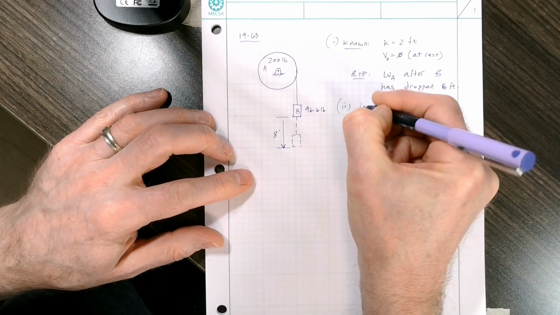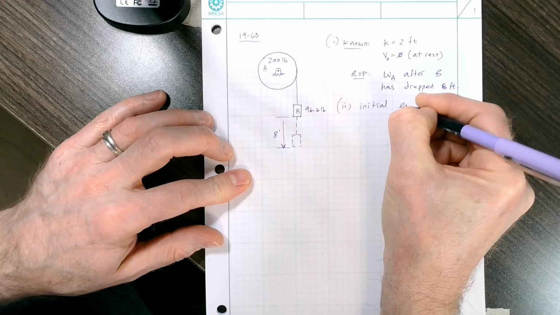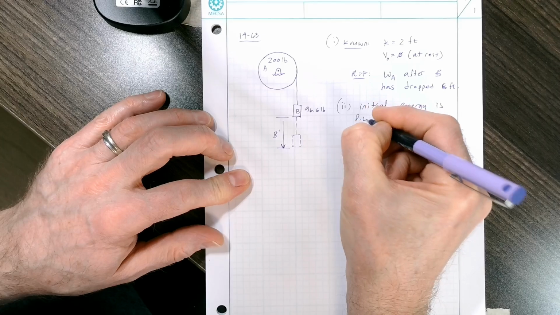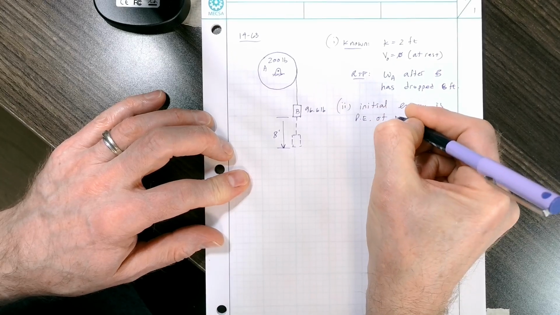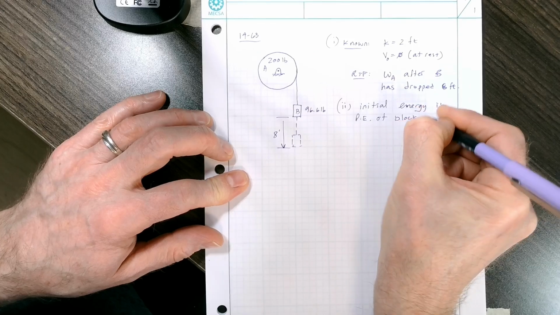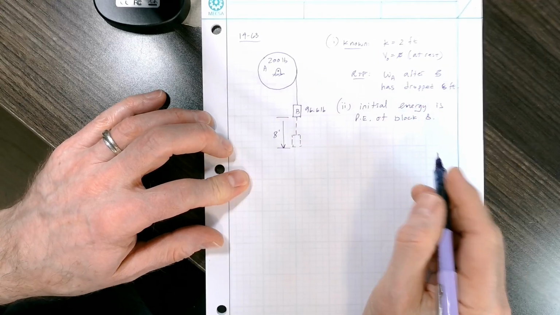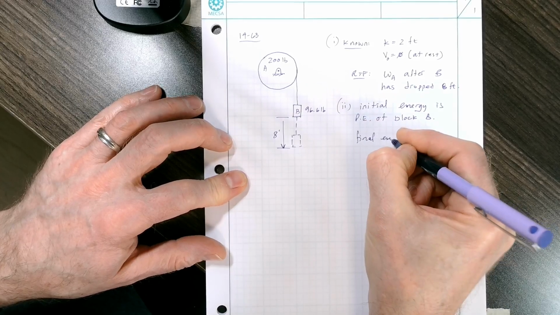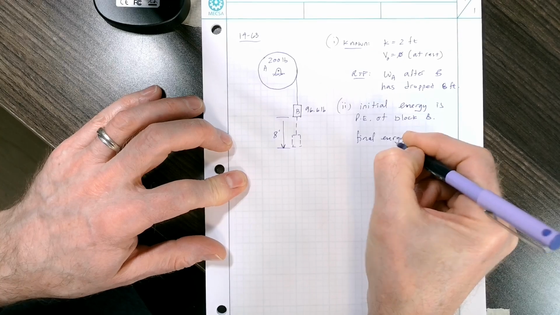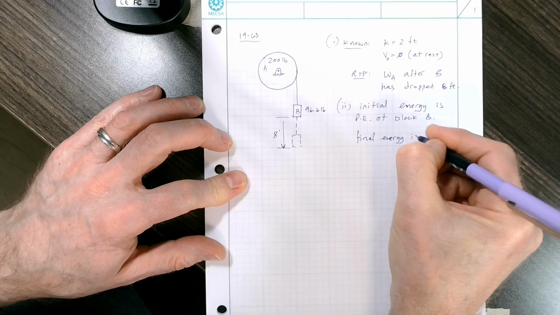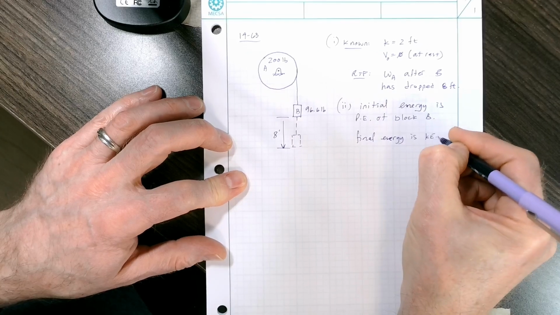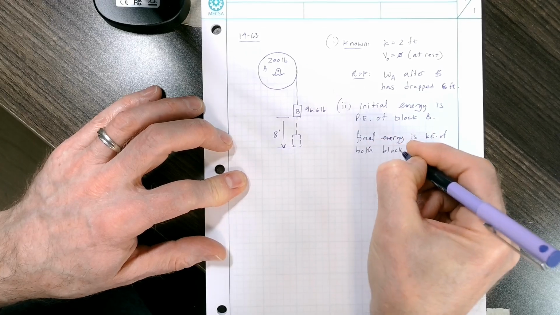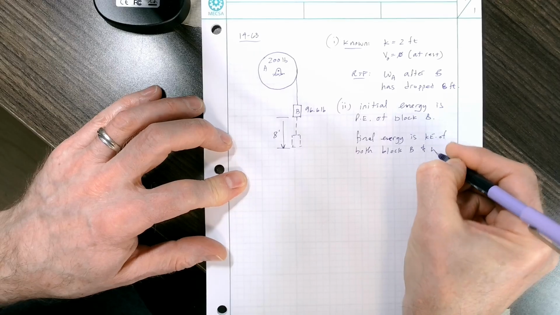The initial energy is the potential energy of block B. The final energy is the kinetic energy of both block B and wheel A.